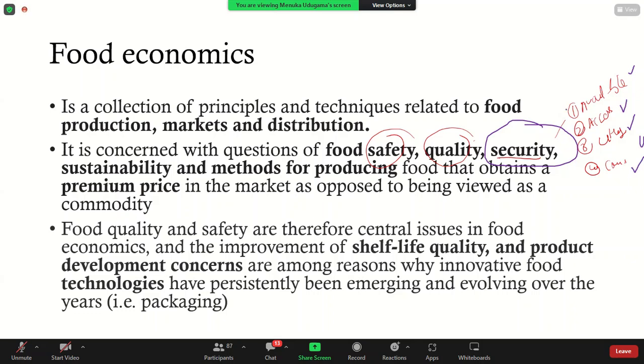All three will be there. Food is available, you are able to access it, you know how to utilize it properly.